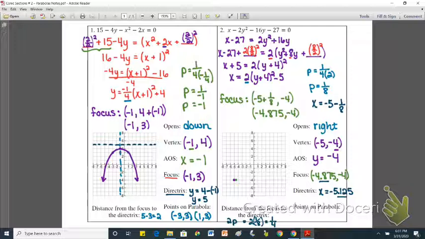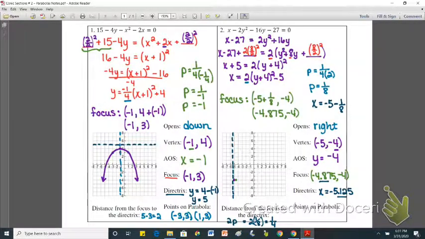I will also plot my directrix, which is right on the other side of it. Okay. Your parabola will always go around your focus, and it will always go away from your directrix.